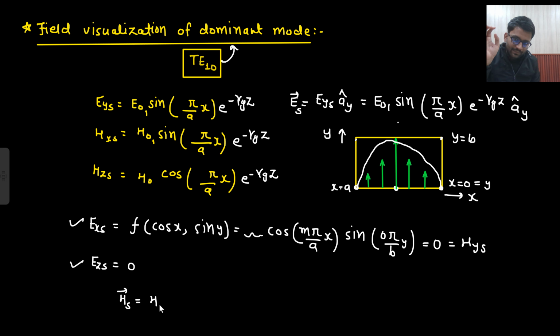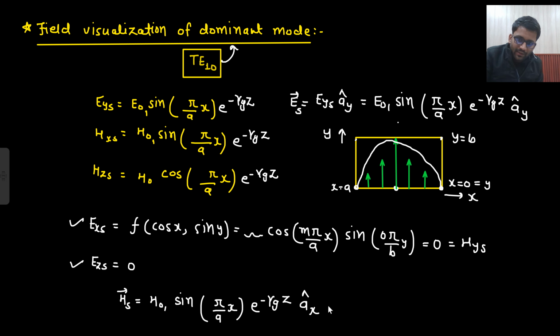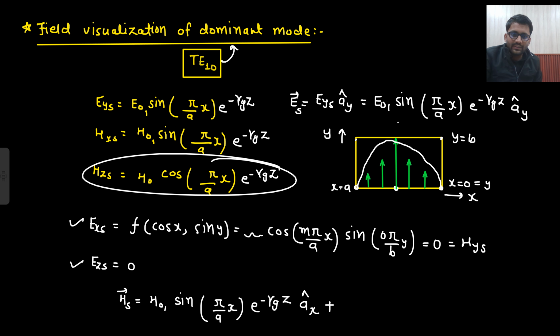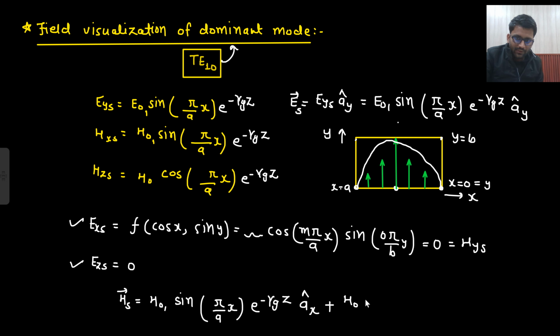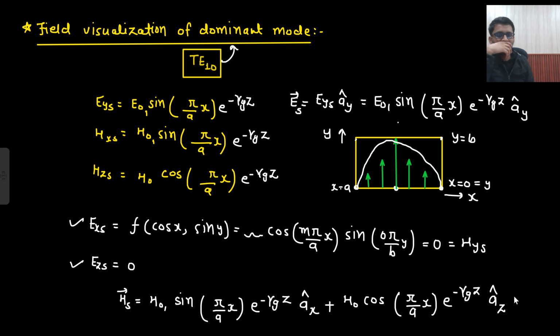Some magnitude H naught 1 will be there, sin pi by a x e to the power minus gamma g z, and it is in x direction, plus H naught cos pi by a x e to the power minus gamma g z. This is in z direction.